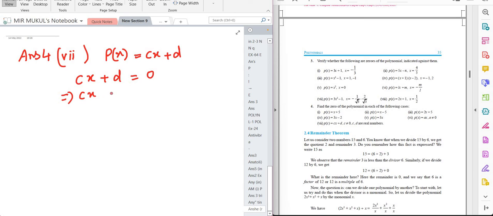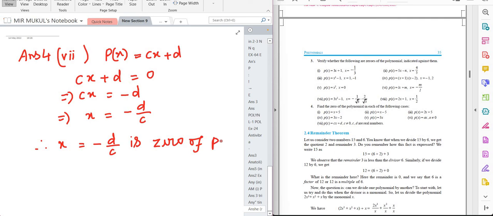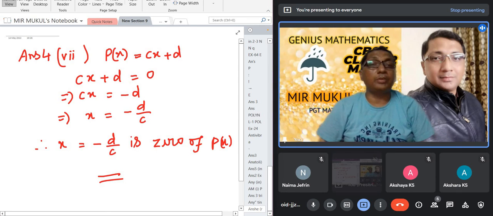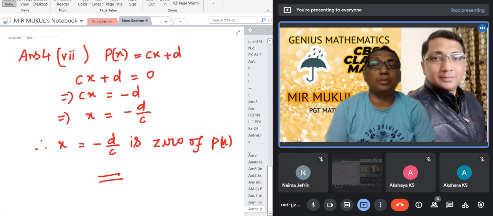Then cx, bring this d to this side, minus d, and c in multiplication, then x will be minus d upon c. Therefore, x equals minus d by c is a zero of P(x). Okay, so I hope you understood both exercise 2.1 and 2.2, right?